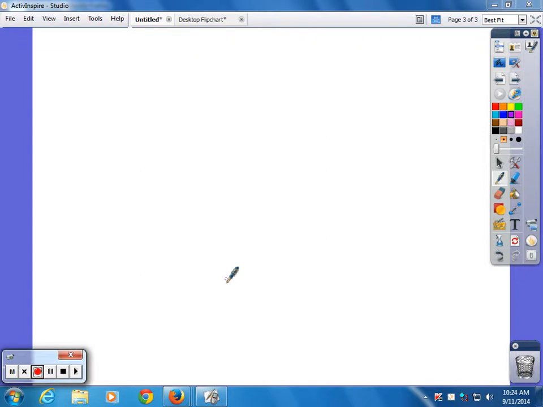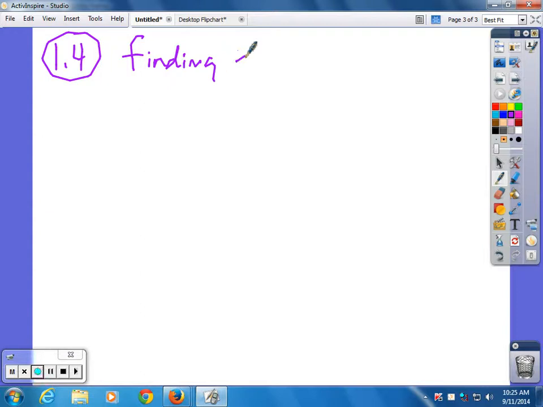And this is, what do we say, 1.3? 1.4? And 1.4 is basically finding equations. Finding an equation, you have to have two things on a linear.